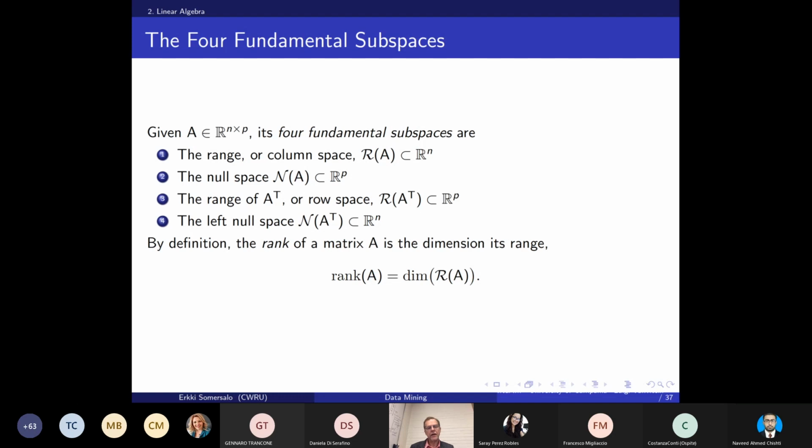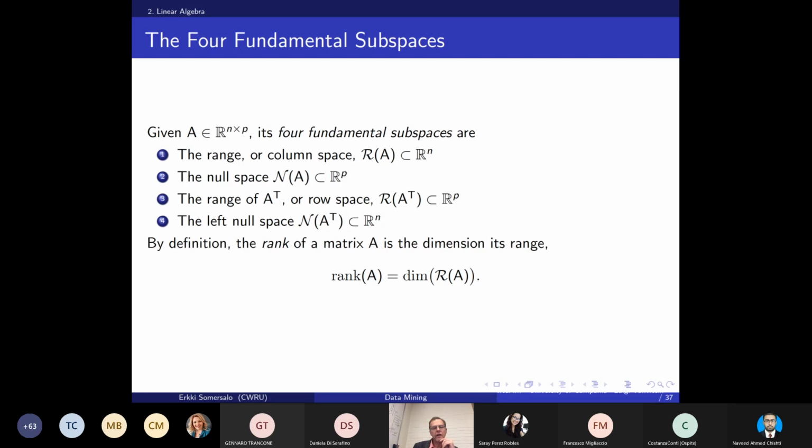First of all, I give a definition. The rank of matrix A is the dimension of its range. If you give me a matrix A and you ask what the range is, the rank of A is the dimension of the subspace that its columns span.